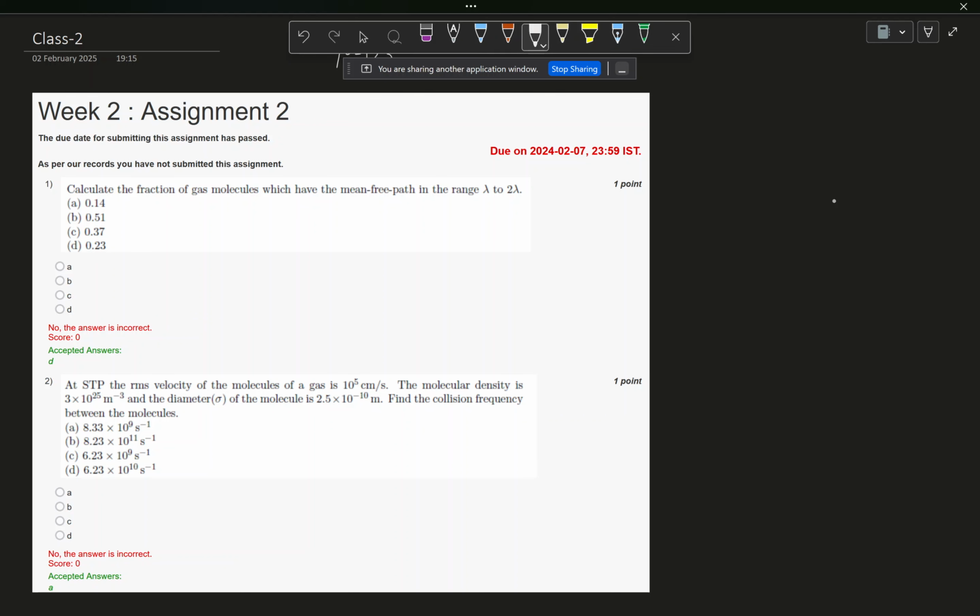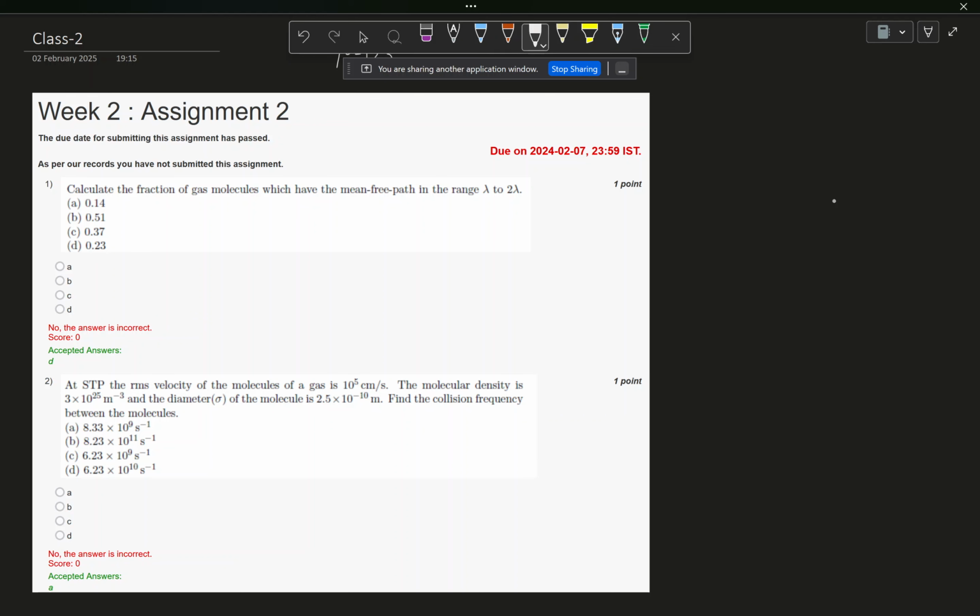Somebody asked whether the equipartition energy theorem and the Maxwell velocity distribution are applicable for diatomic gases, or gases with more than one atom in the molecule, or is it only valid for monoatomic gases?